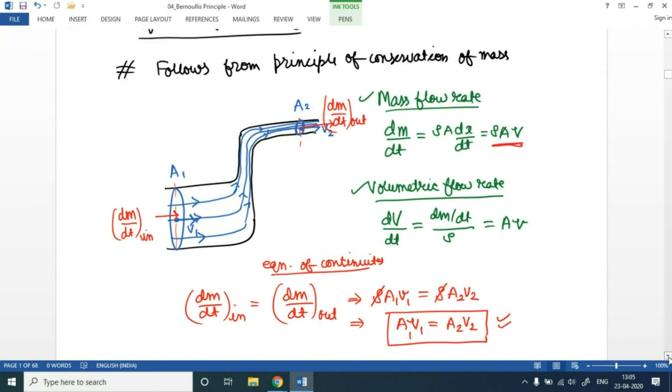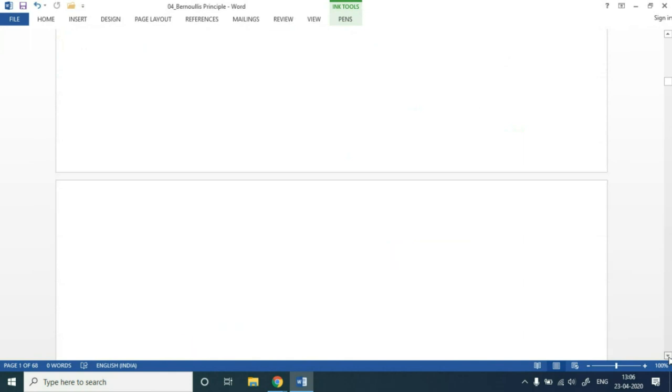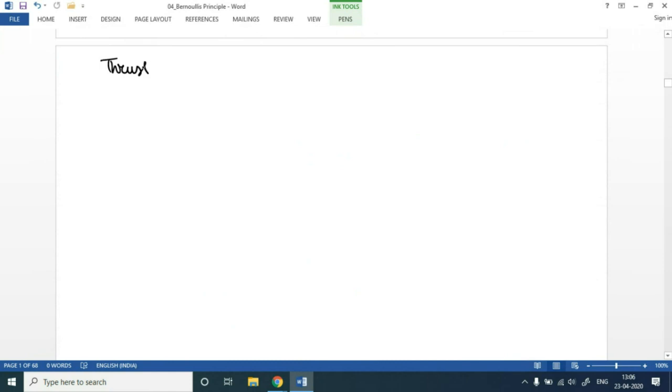One other thing I want to discuss is something called thrust force. Let's talk about the thrust force exerted by the liquid on the pipe or piping system, whatever you want to say.